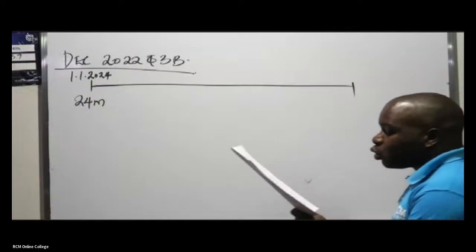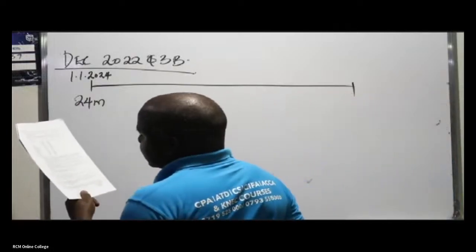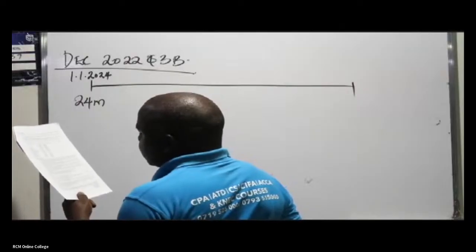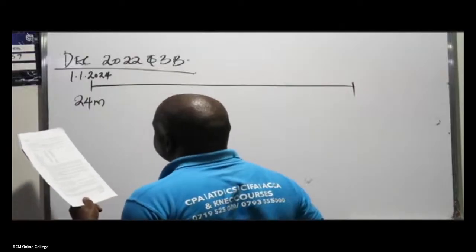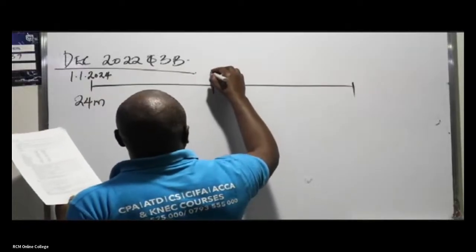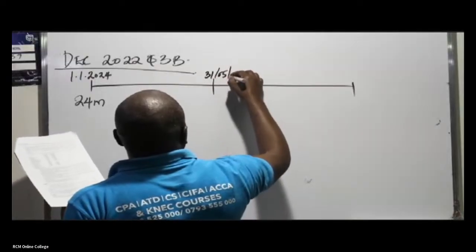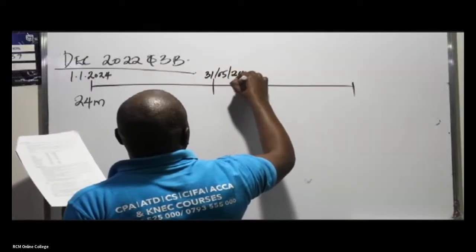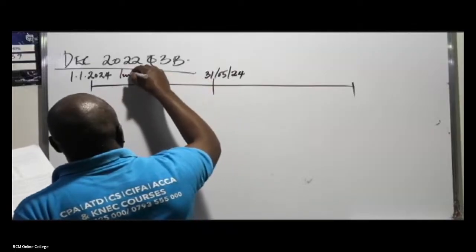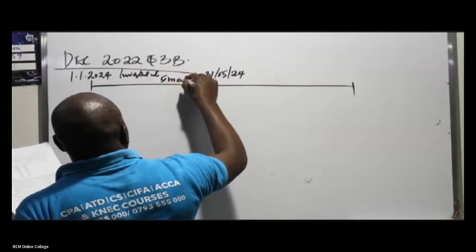Then, as the funds were not all required immediately, Sayari Limited invested 10 million shillings in 6% bonds. They invested up to 31st of May. So there was an investment for how many months? 5 months.